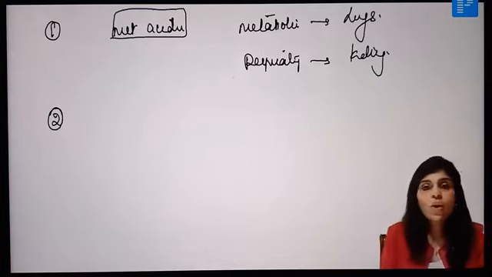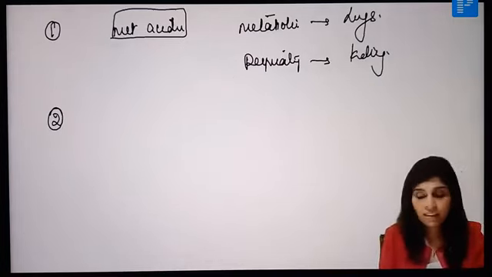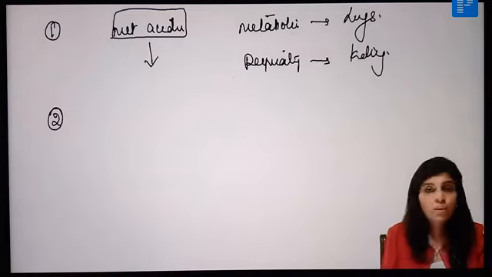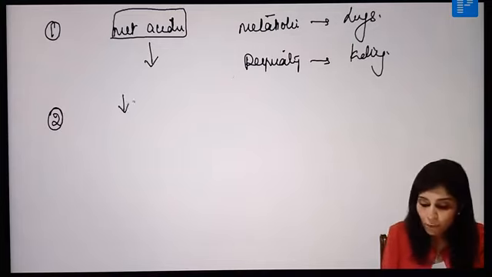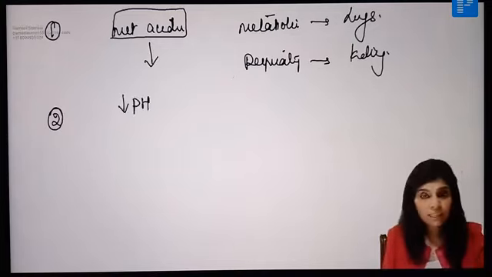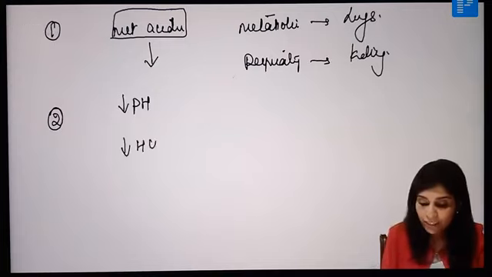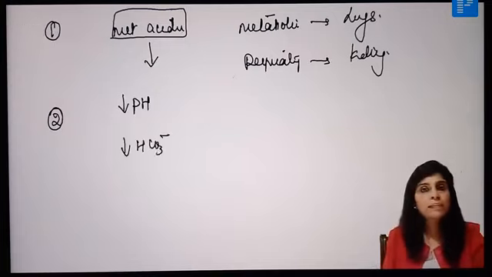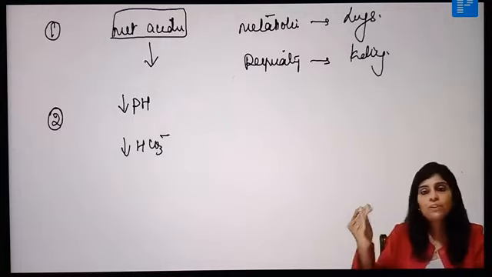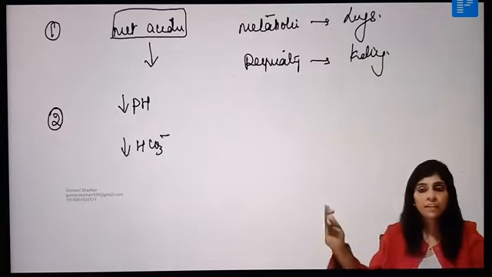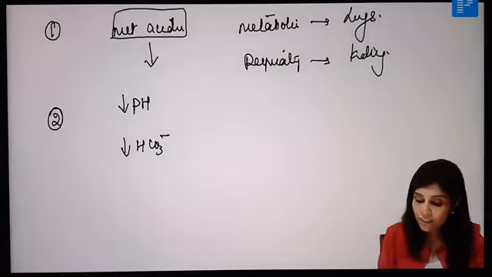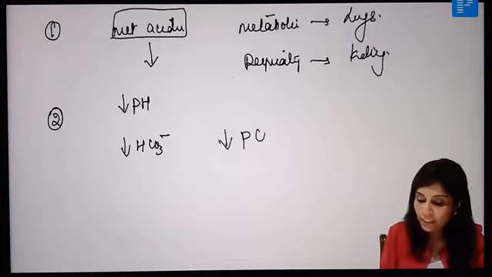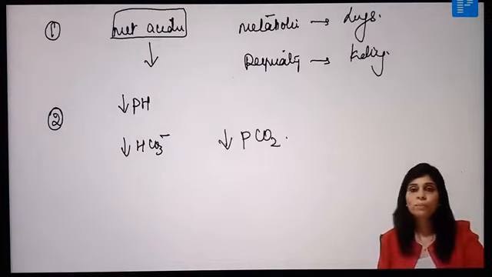Okay? And the compensation is always parallel. For example, if it's metabolic acidosis, what is metabolic acidosis? Decrease in pH caused by a decrease in bicarbonate, right? Then what should be the compensation? The compensation should be a decrease in PCO2.